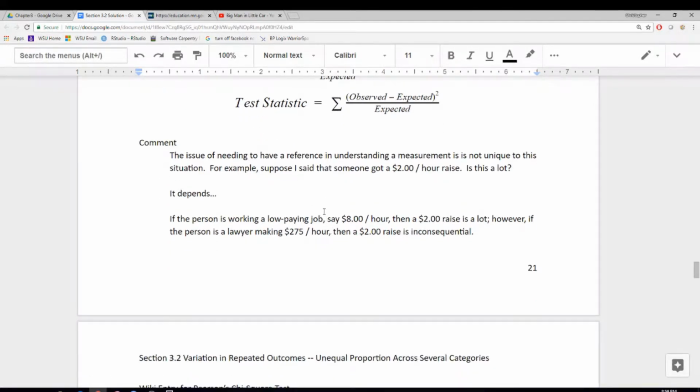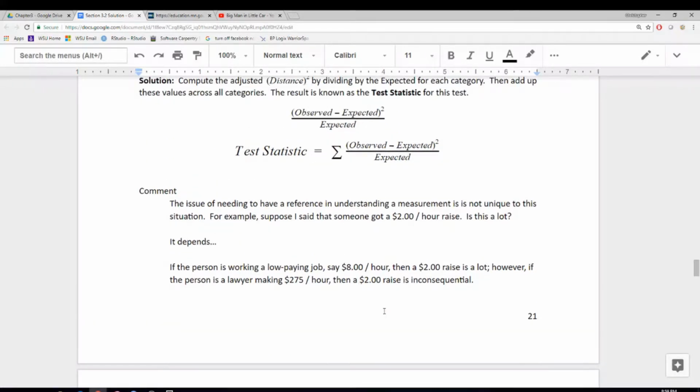So is a $2 an hour raise a lot? Well, it depends. If the person is working a low-paying job, let's suppose they're getting $8 an hour, then a $2 raise is a lot. However, if the person is a lawyer who's making $275 an hour, then a $2 raise is inconsequential.